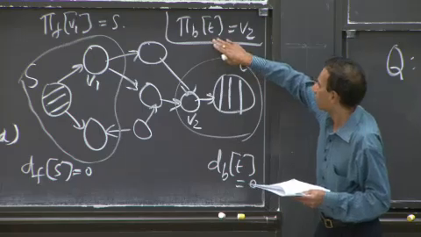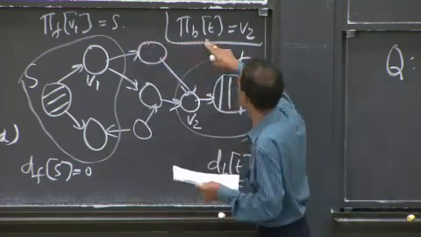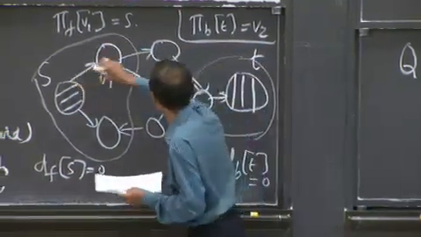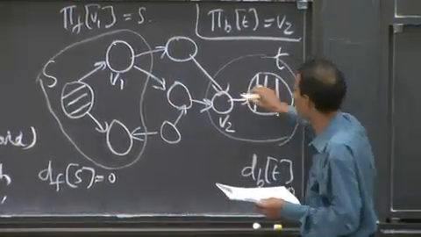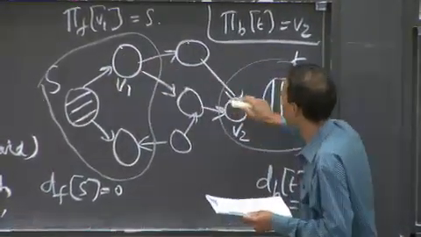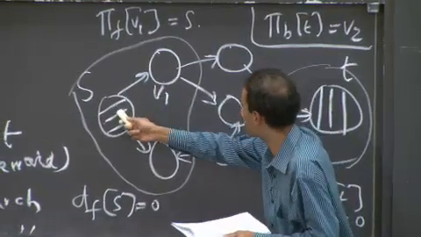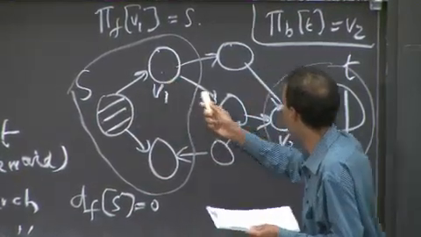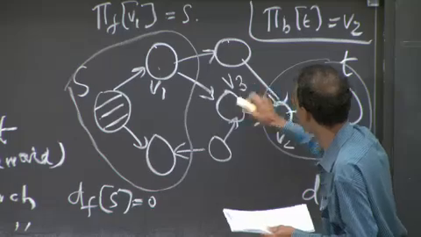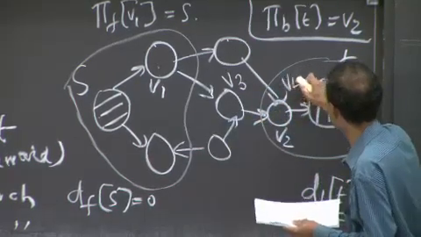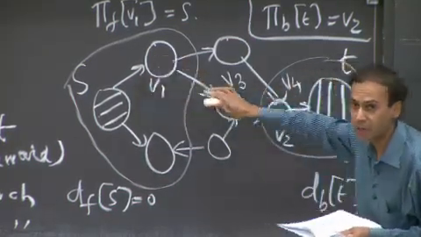All right. So what I have here is when I look at this path that goes this way, S is the predecessor of V1. V1 is the predecessor of, let's call this V3. V3 is the predecessor of V4. I'm just talking about the regular forwards path.